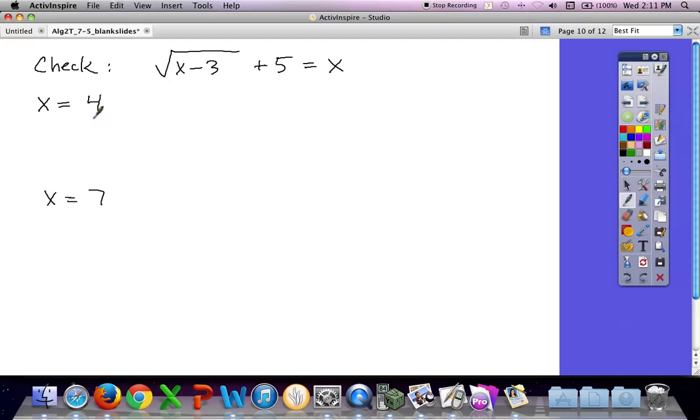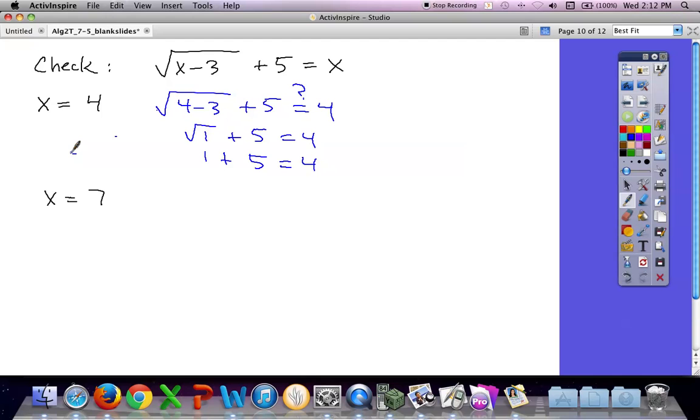So first, let's plug in x equals 4 and see what we get. The square root of 4 minus 3 plus 5 equals 4? That's a question mark. We don't know. We're checking it. The square root of 1 plus 5 equals 4. 1 plus 5 equals 4.